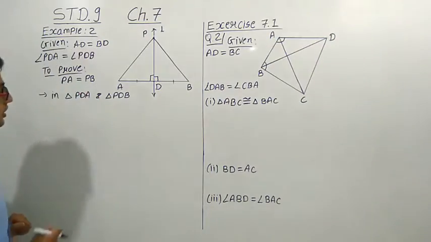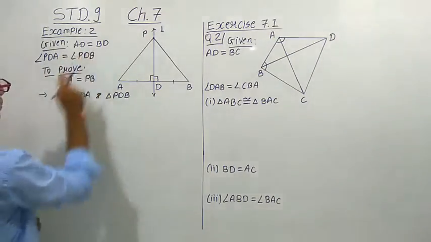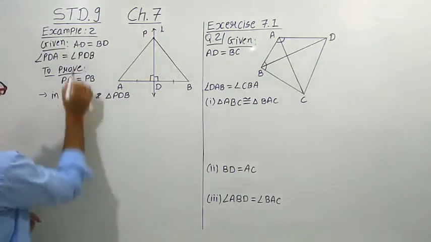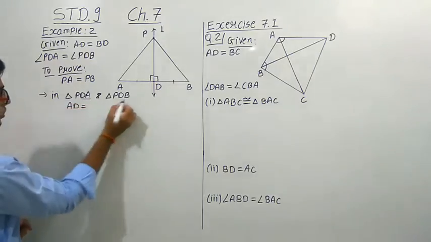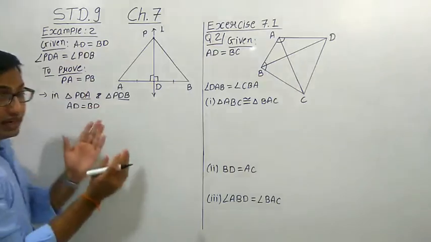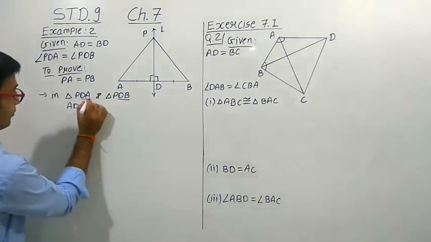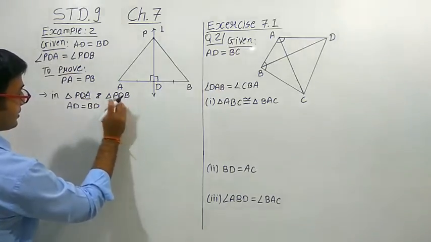Okay, which three things can we write down? One condition we can write down from whatever we have been given: AD is equal to BD. We write from the third letter to the second letter, and here also we have to write it as it is.